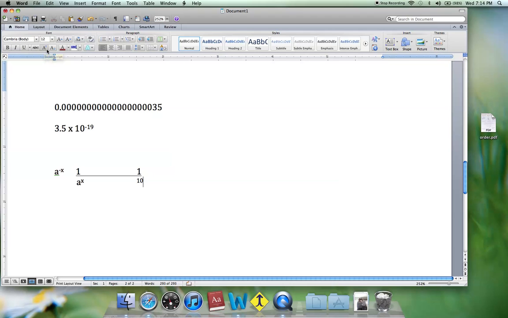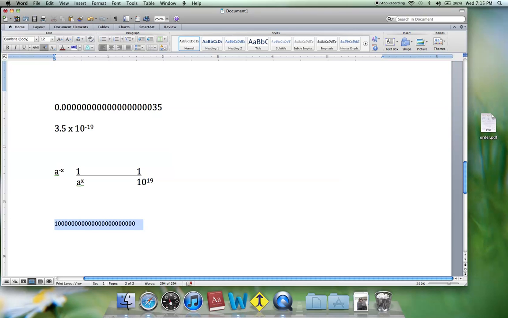Now that was really horrible. Let me change this 10 to the 19 in the denominator. Well, when you go to do this math, basically you're going to say, okay, well, what is 1 divided by 10 to the 19th?